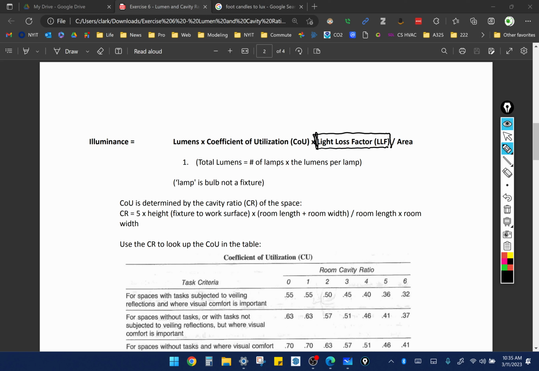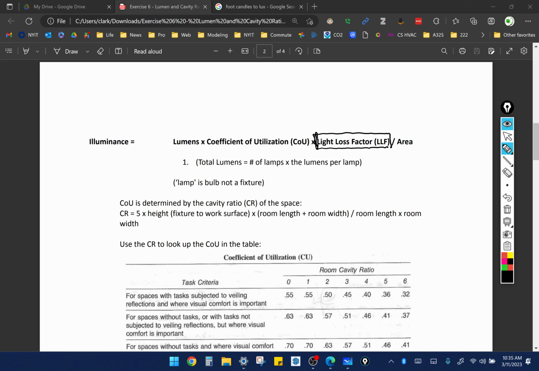So light loss factor is, first of all, is there dirt on the light? You just assume, well, there's going to be some dirt. So we're going to reduce the amount of light coming out of the lamp compared to what it's rated for. Also, some types of lamps become less efficient, or they degrade more quickly.